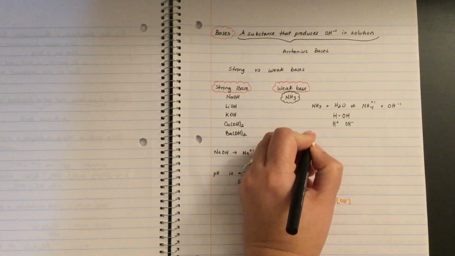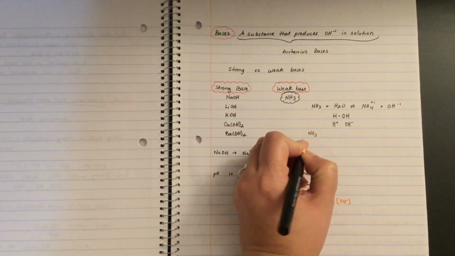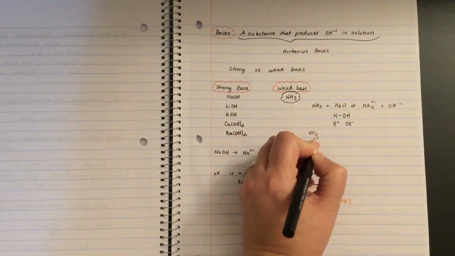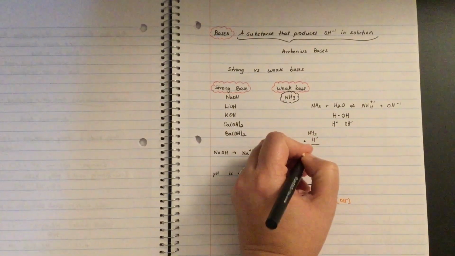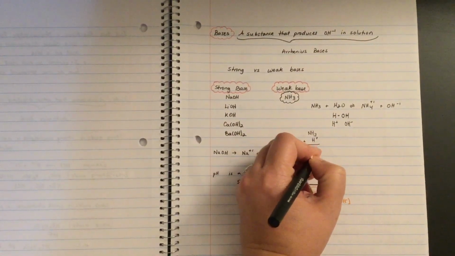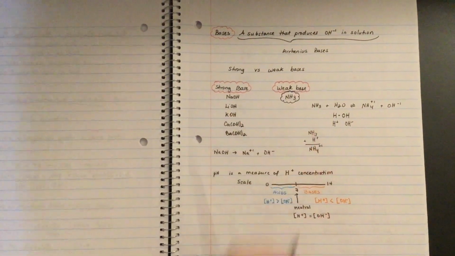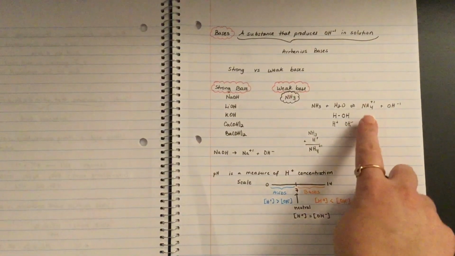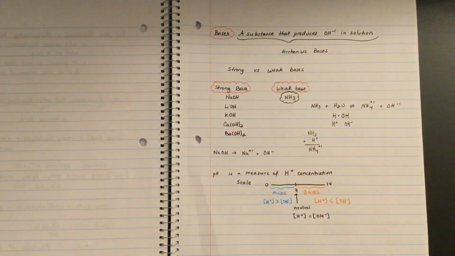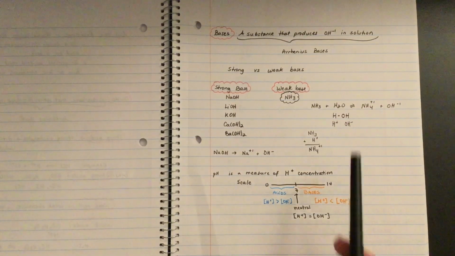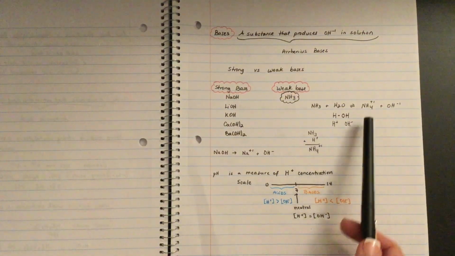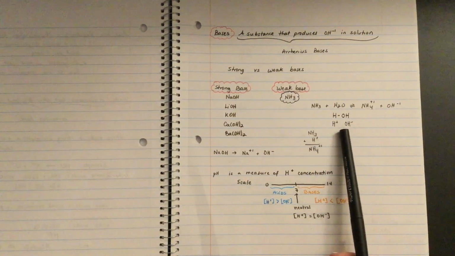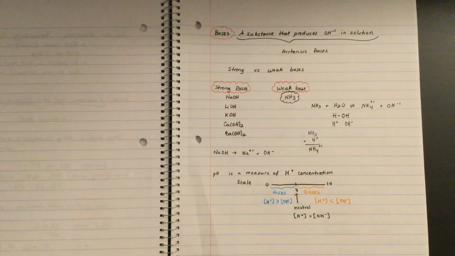If you do NH3 plus, like addition, that will give you NH4 plus 1, which is your ammonium ion. And from the water, you're using the proton to form NH4, and what you have left is the hydroxide ion.